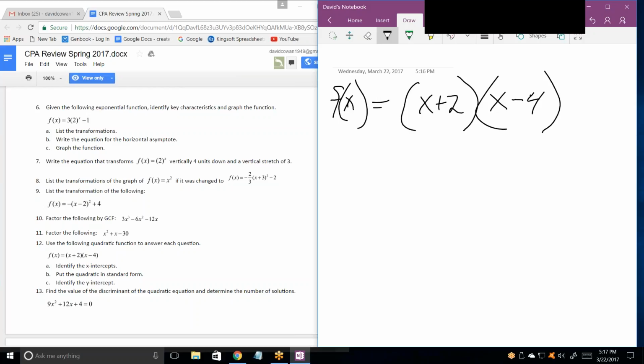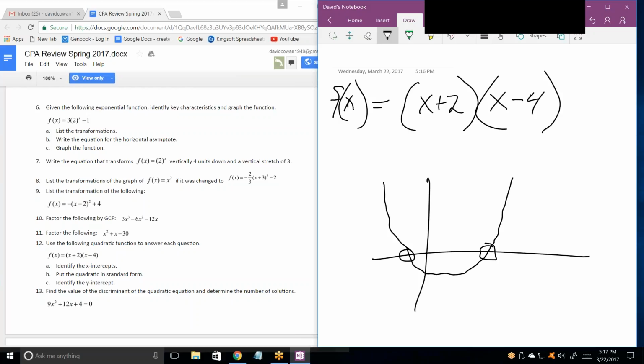Now, identify the x-intercepts. In other words, it's some quadratic that looks like, I don't know, quadratics look like that, parabolas. But how do we figure out how to identify those points right there? Those are the x-intercepts.